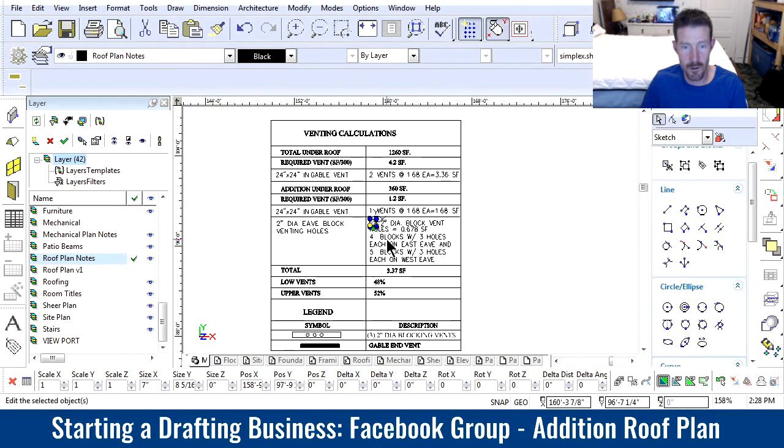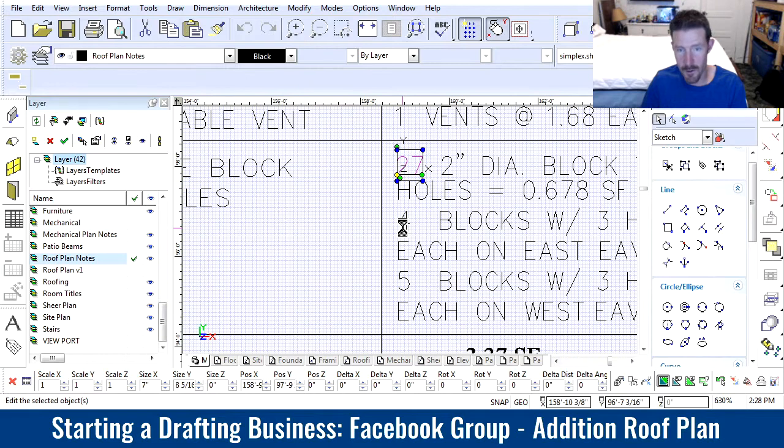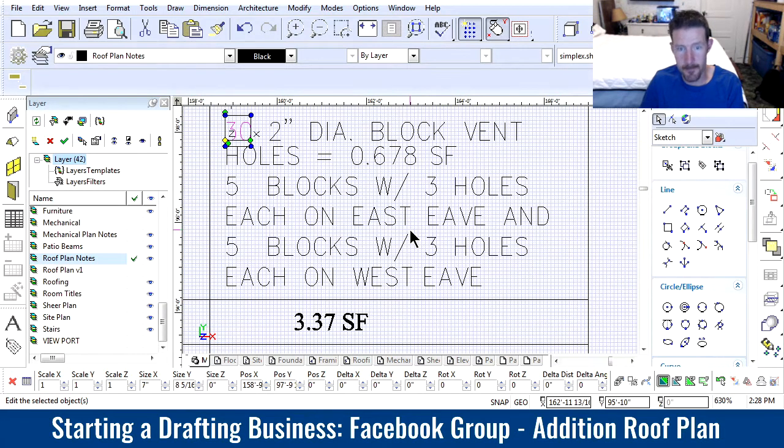I think I want to put even 5 on each side. That'll give us 30 holes. Okay, what's the math on 30 holes? 30 times 3.14 divided by 12 divided by 12. 0.654, so we can do that.